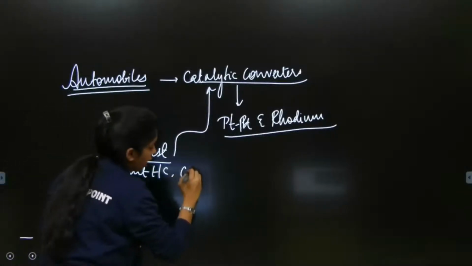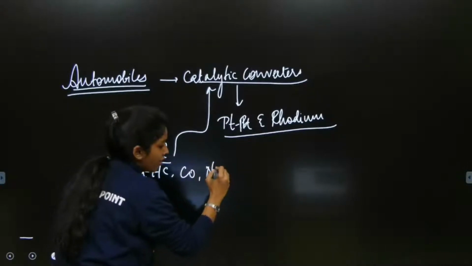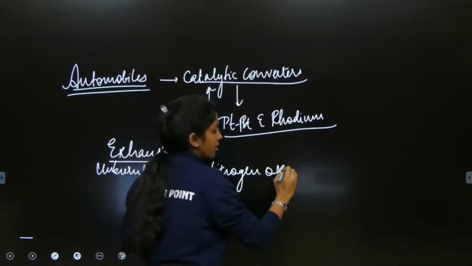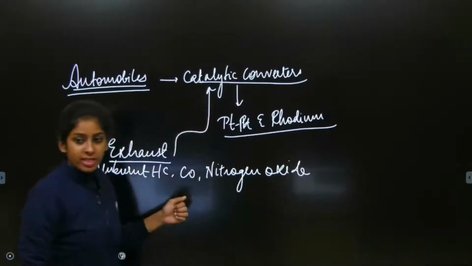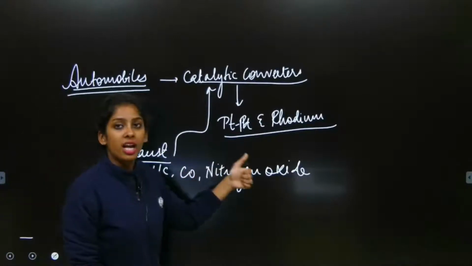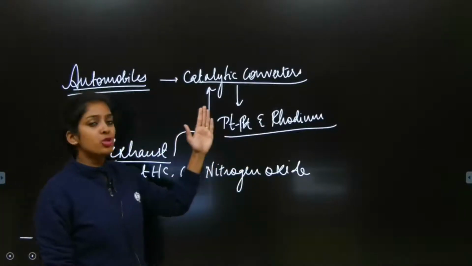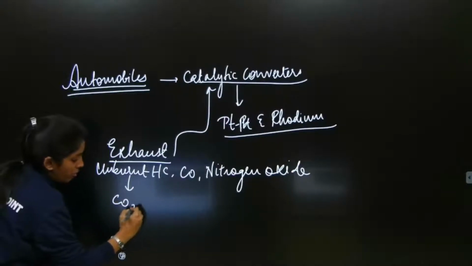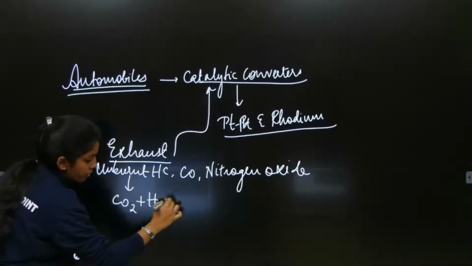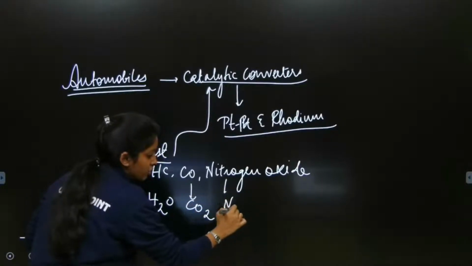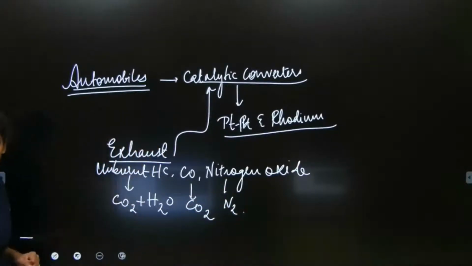Yes, it will also contain carbon monoxide and nitrogen oxide. So when exhaust containing unburnt hydrocarbon, carbon monoxide and nitrogen oxide passes through the catalytic converter, this is converted into carbon dioxide plus water, this into carbon dioxide, and this into nitrogen gas, which are less polluting.